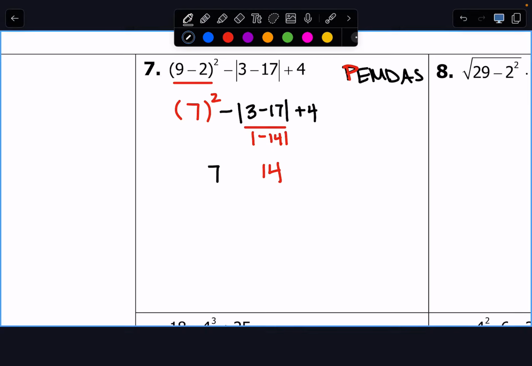So we have 7 squared minus 14 plus 4. Now we can move to our exponents. 7 squared is what? Okay, 7 squared means 7 times 7, which Ellie has said is 49. Red agrees, I hear.